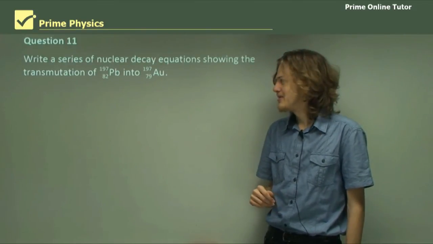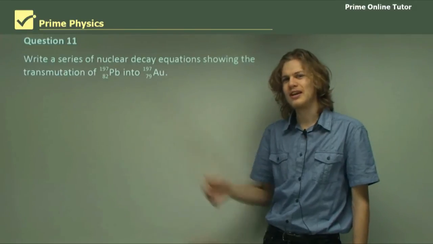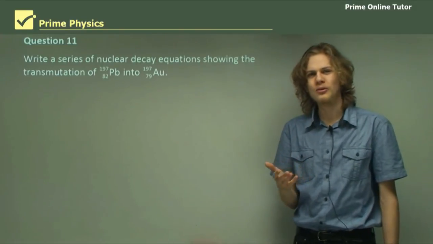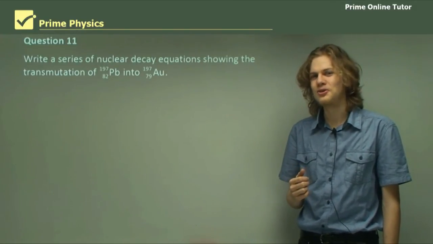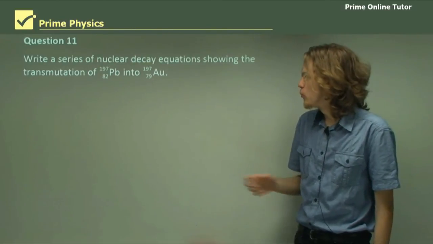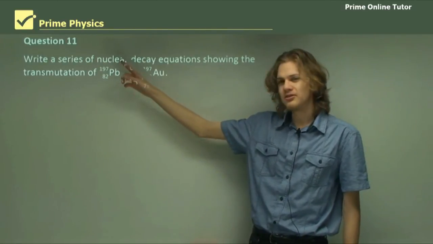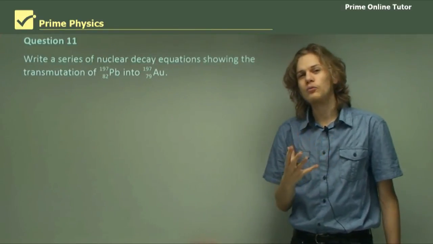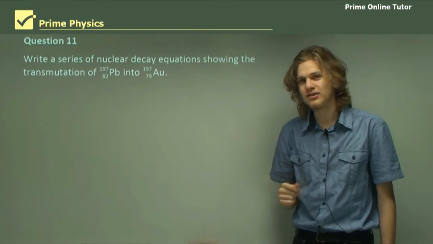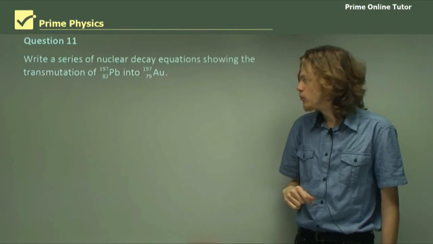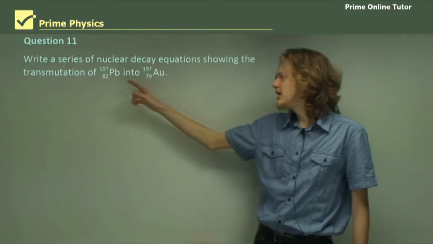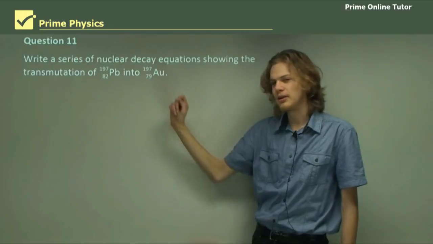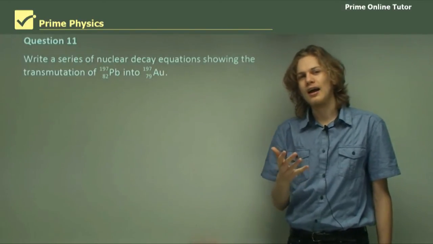So in this question, we're turning lead into gold, which is exactly what those alchemists tried to do so many centuries ago. So if our mass starts off at 197 and ends at 197, there can't be any alpha decay. We just lose too much mass. So we need a way of changing our proton number so that it's decreasing without emitting alpha particles.